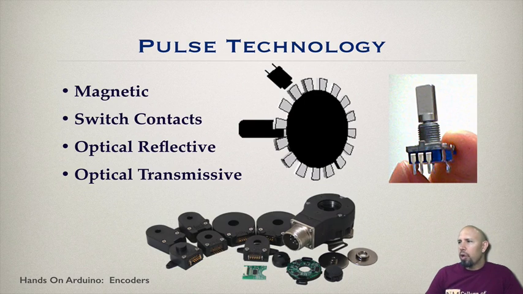Now, what generates the pulses? Well, there are a number of things that can be used to generate pulses. The first one is magnetic. This is an example of a magnetic setup that has pulses. These little fingers are either magnetic or iron, and next to it is a coil, like an electromagnet.